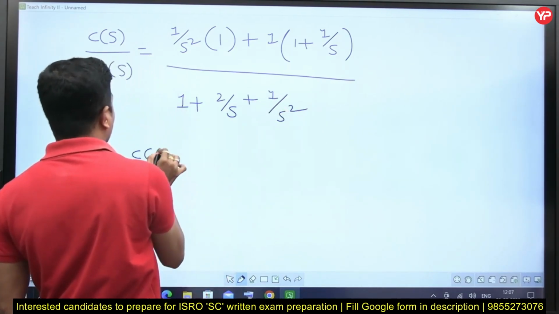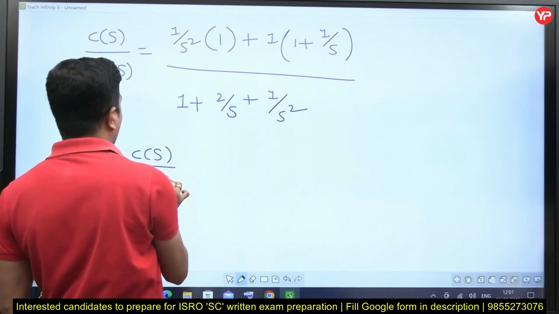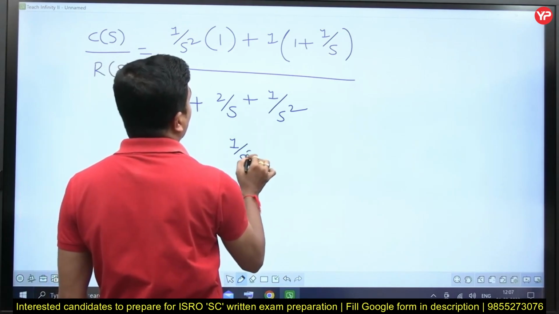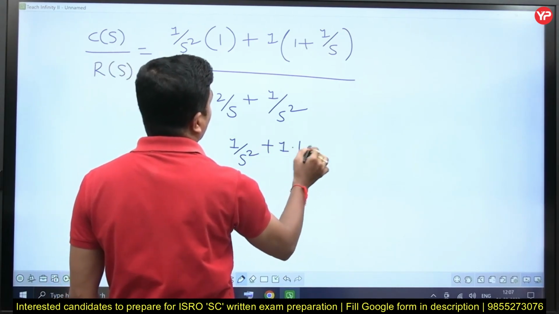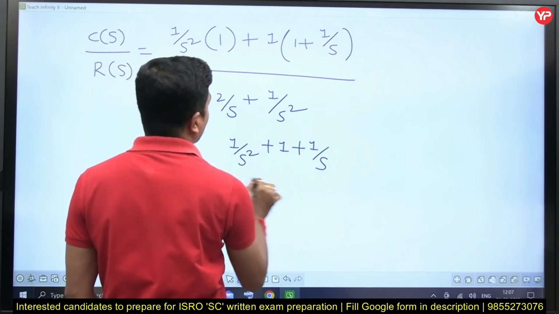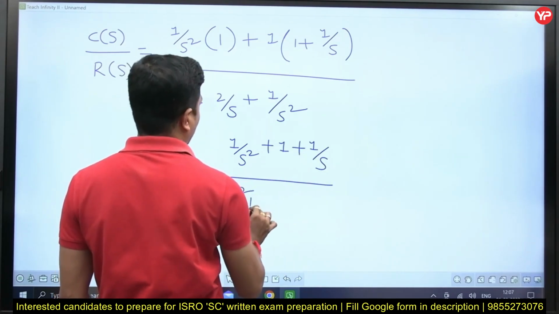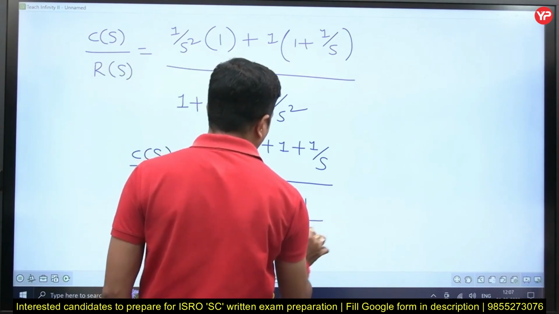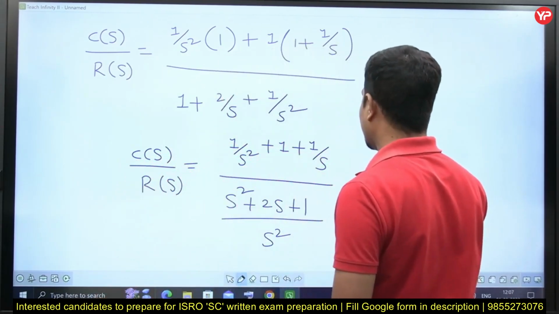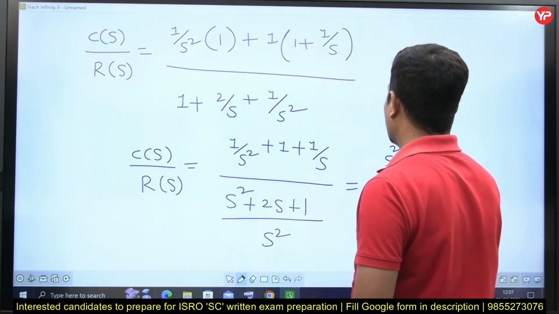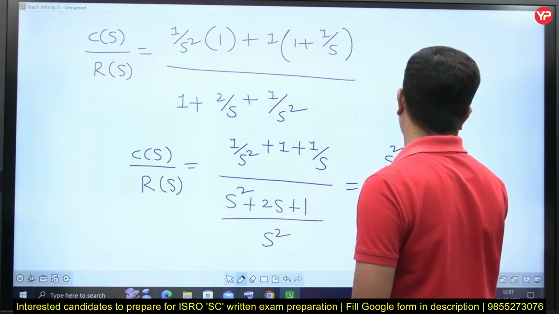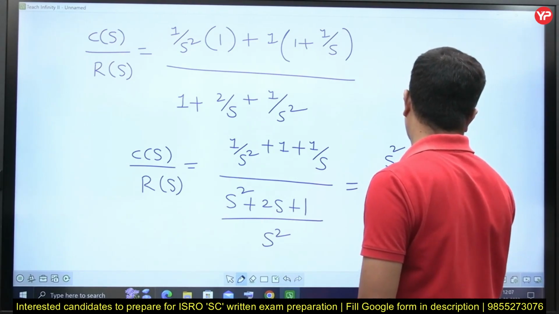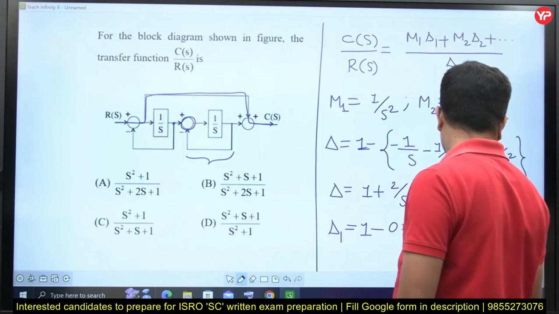If I simplify it, C of s by R of s is equal to s square plus s plus 1, by s square plus 2s plus 1. Check it.